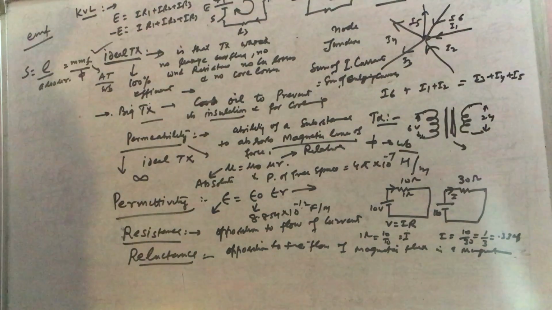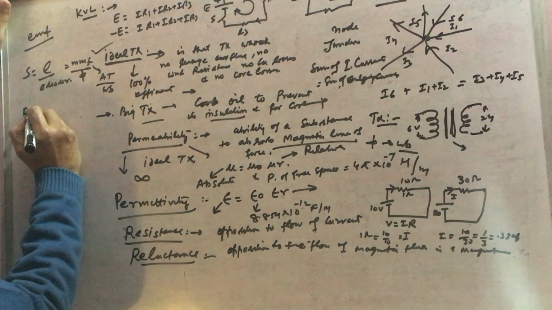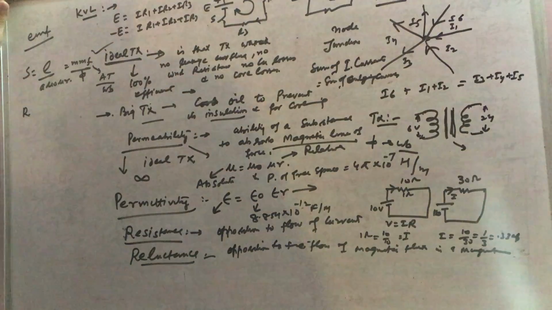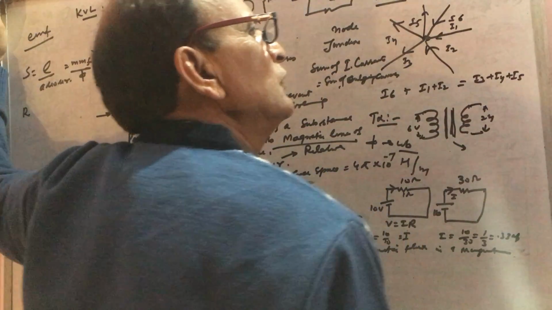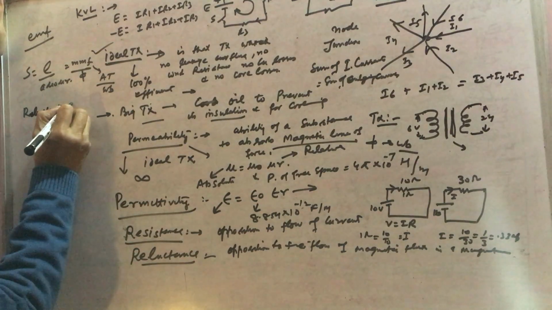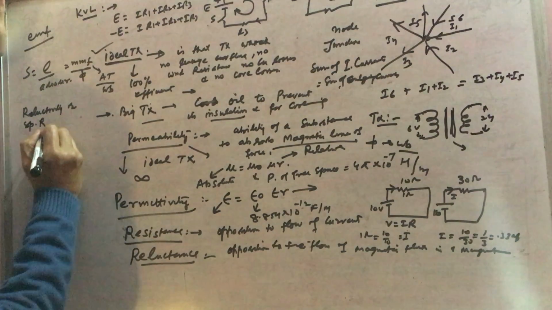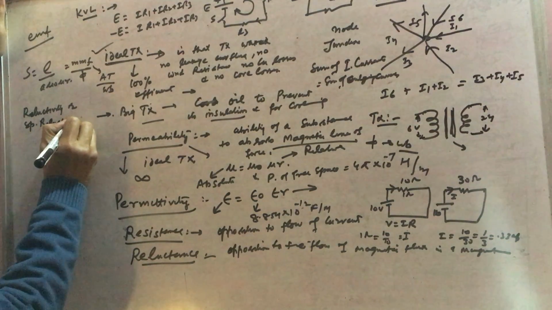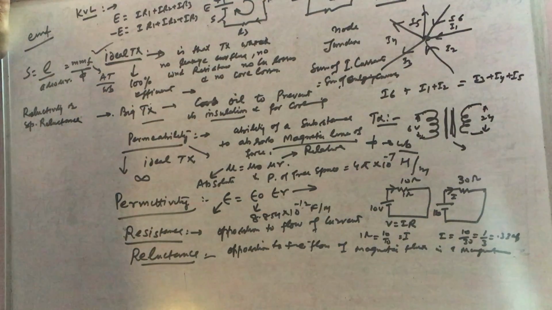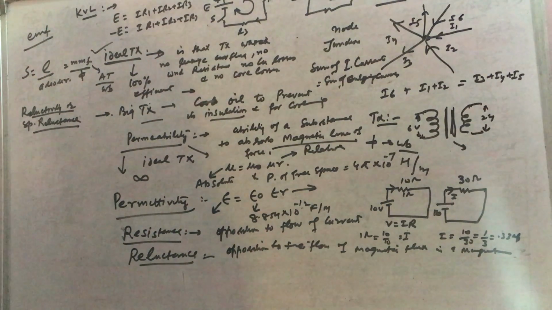So resistance and reluctance. Then we have reluctivity. Next we have reluctivity or specific reluctance, which is the opposition to the flow of magnetic flux in a magnetic circuit.